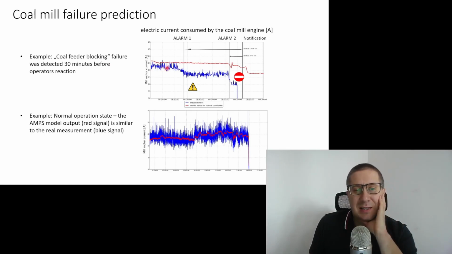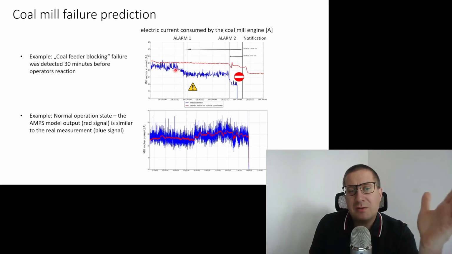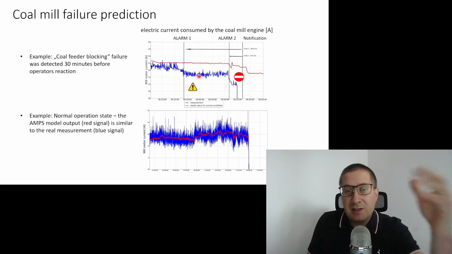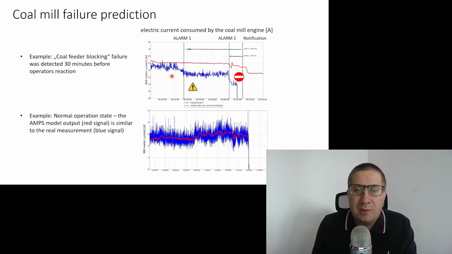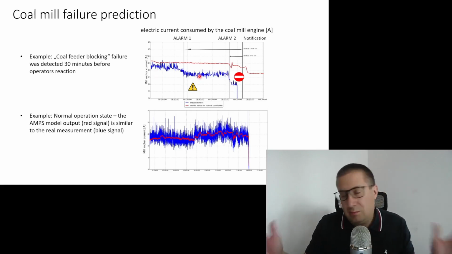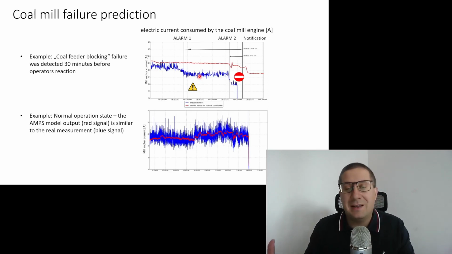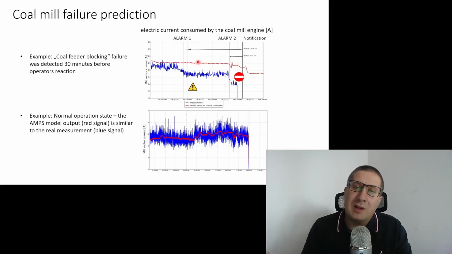Here we can see that the current consumed by the coal mill is decreasing, but still it's in acceptable range, right? 21 amperes, it's still something, okay. But in comparison with our estimation of normal current consumption, it's essentially lower.